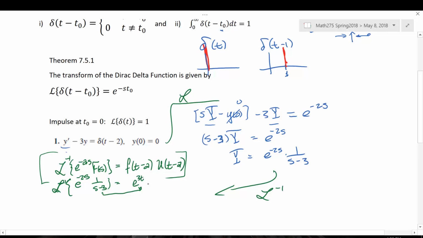And then there's a unit step function that shifted this, so it happens at 2. Oh, f of t minus a.